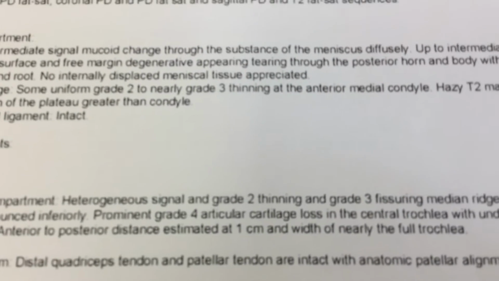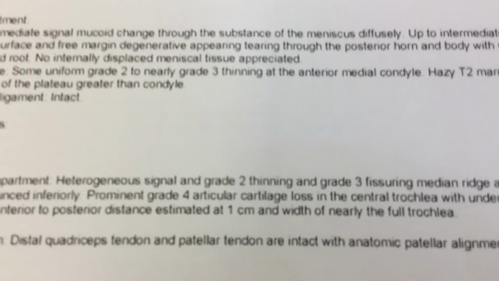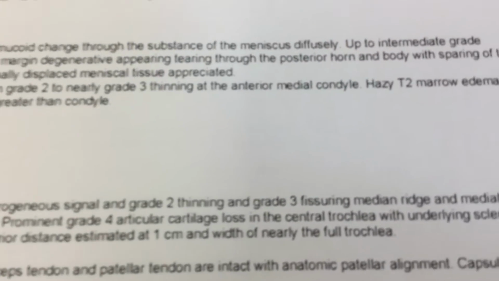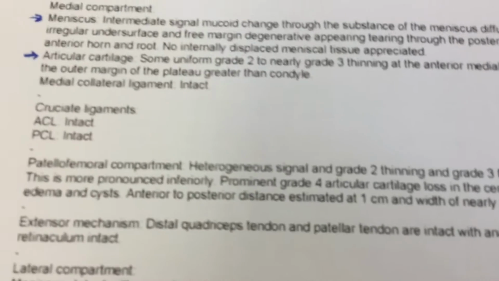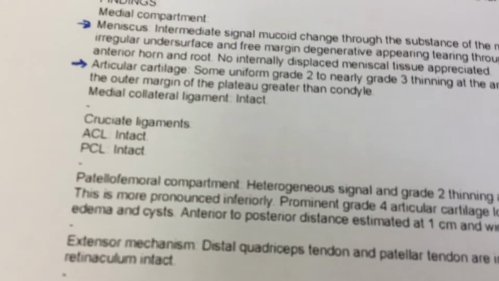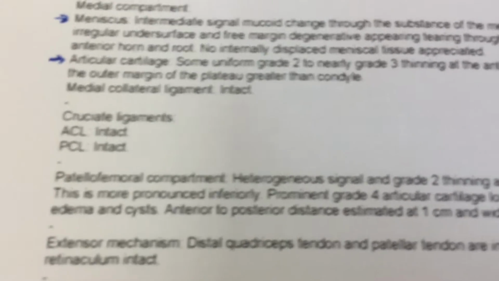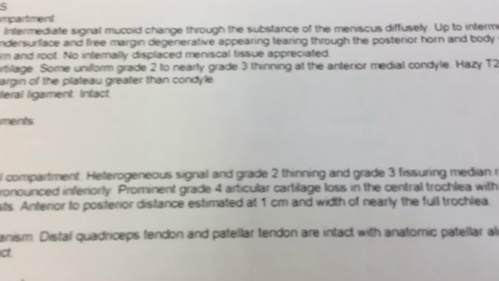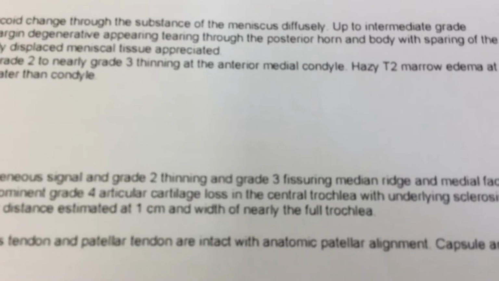And then it says a prominent grade 4 articular cartilage loss, which means the cartilage had degenerated on her kneecap in the central trochlea, and underlying sclerosis, meaning increased density of the bone because of the roughening and the irritation with swelling and cysts. Anterior to posterior distance of that damaged area was 1 centimeter and width of nearly the full trochlea.